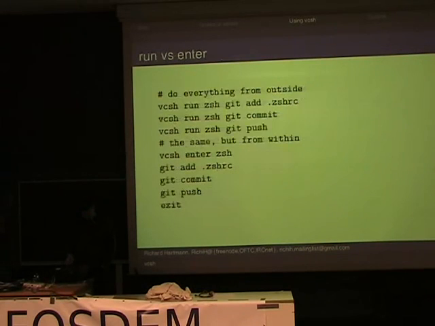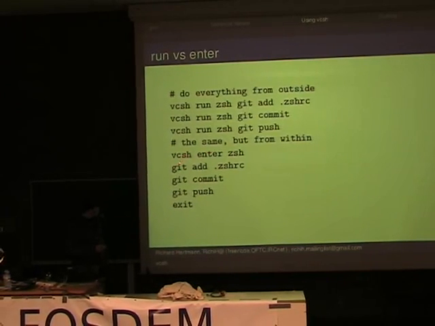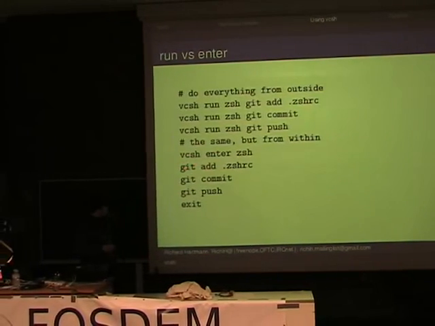You have two different kinds of contexts in which you can run commands. The one is you simply tell it to, every time you run it, build a completely new environment and run the command within the environment. Or you can simply run the environment once, spawn your shell, whatever that might be, do whatever you want.